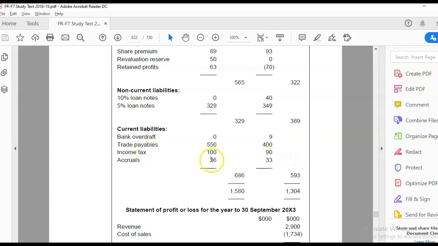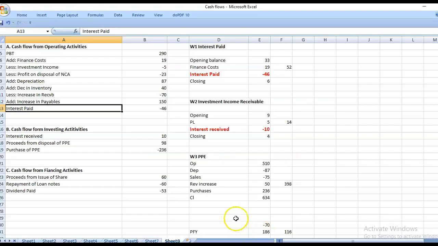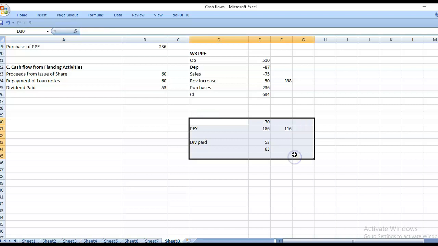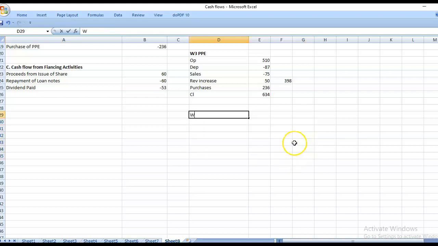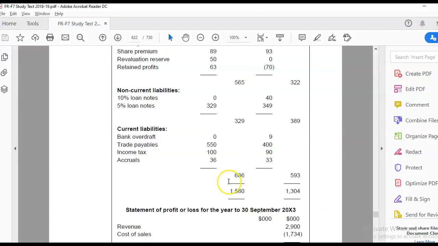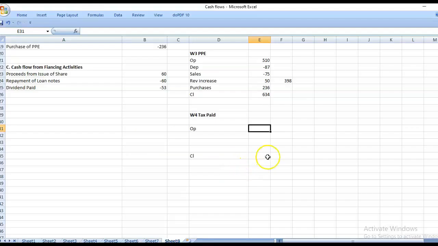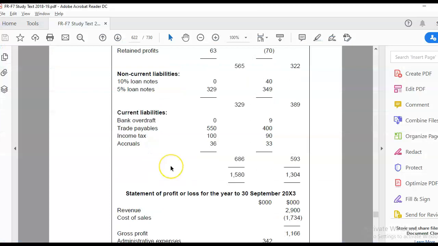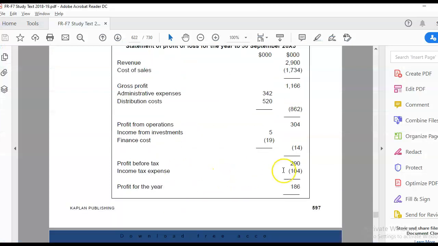Then I have income tax from 90, it becomes 100. So I'll do a dedicated working for income tax. Opening again was 90 and closing 100. Income tax expense in P&L was how much? 104.